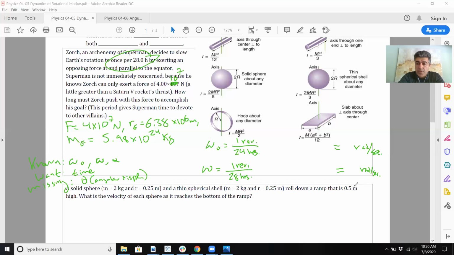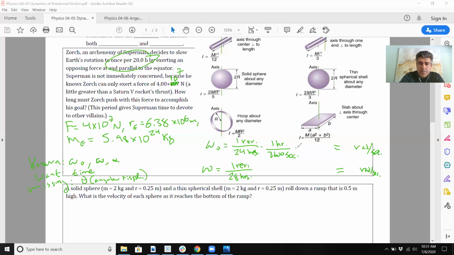Now, the angular acceleration alpha, we're going to be able to get that from our torque equation. We'll come to that in just a little bit. That's going to take a little while to work out. But let's convert our omega 0 and our omega. Omega 0 is 1 revolution per 24 hours. And remember, for every hour, you have 3,600 seconds.